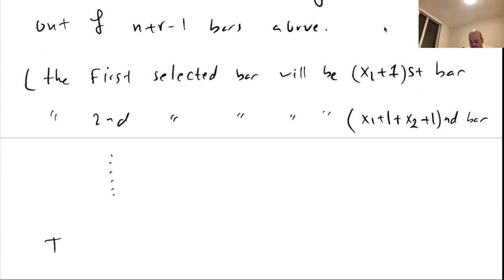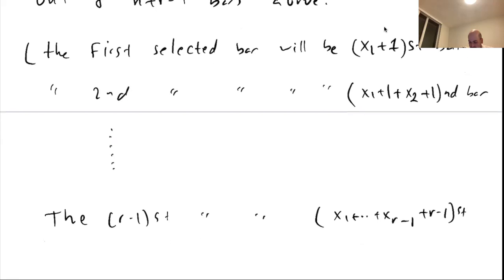So the r minus first selected bar will be x1 plus all the way to xr minus 1 plus r minus 1.